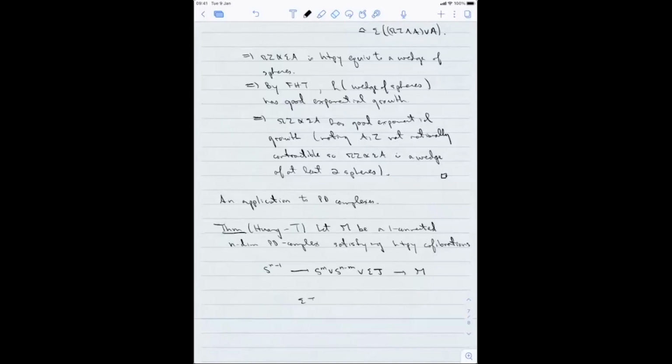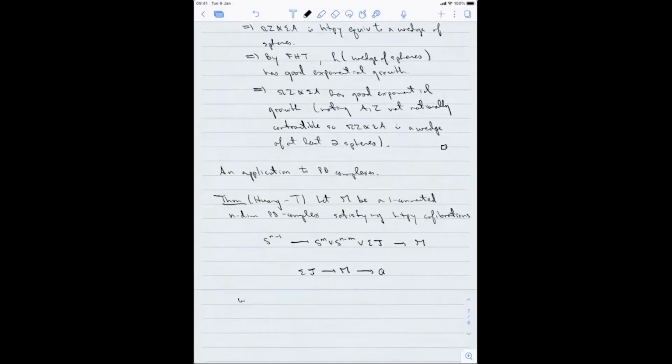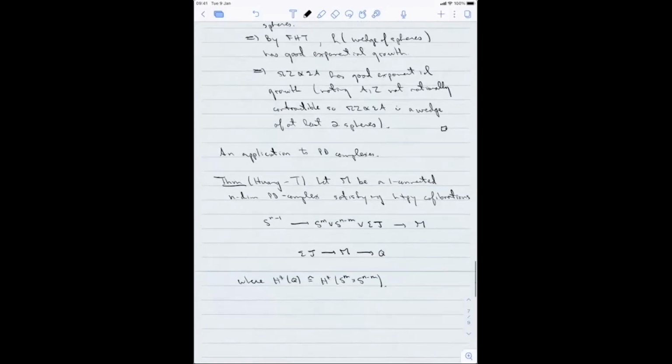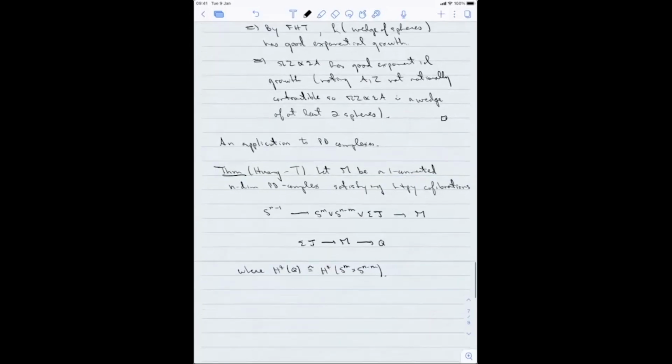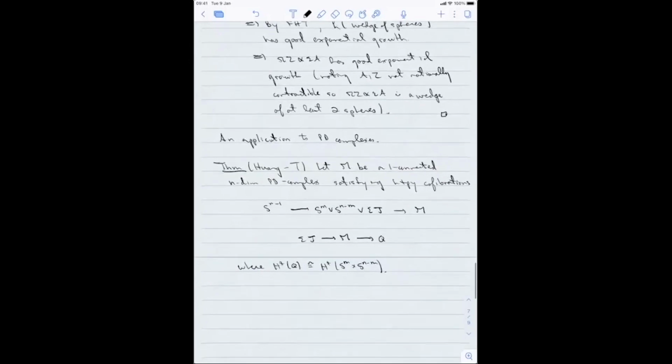And when we've got this other space mapping into M and collapsing out, we get a space Q, where the cohomology of Q looks like the cohomology of a product of two spheres. So again, M is one of these simply connected Poincaré duality complexes that looks like it has the cohomology of a product of spheres embedded into it.